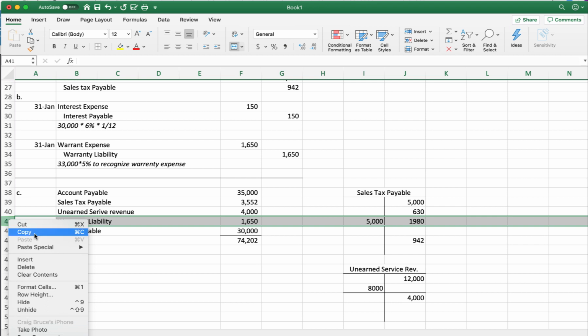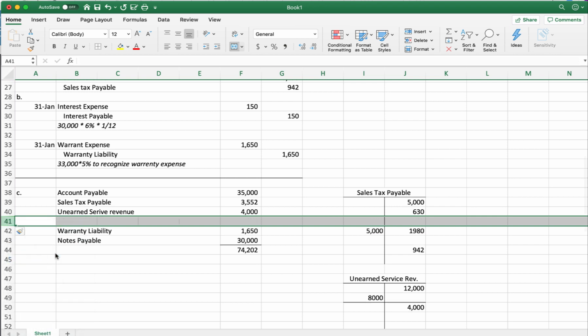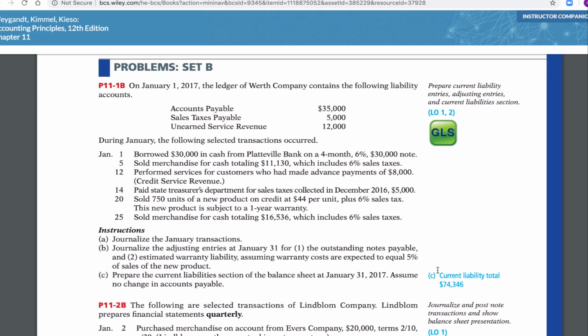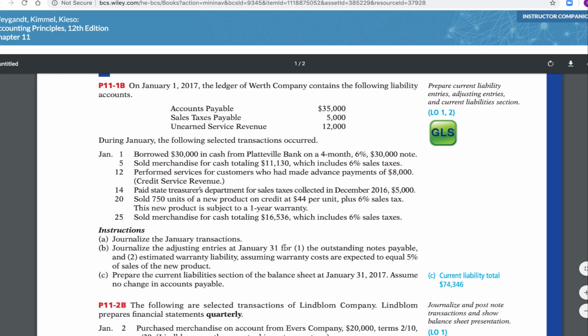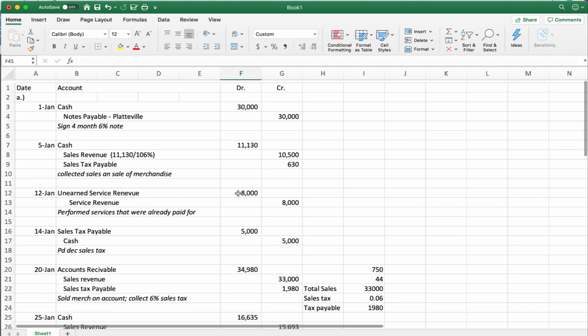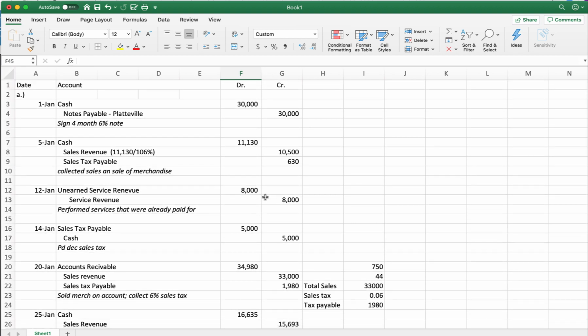Interest payable. $74,352, $74,346. So I'm a little over. Again, probably had something to do with one of the numbers that I calculated up here. I'm okay that it's off slightly.